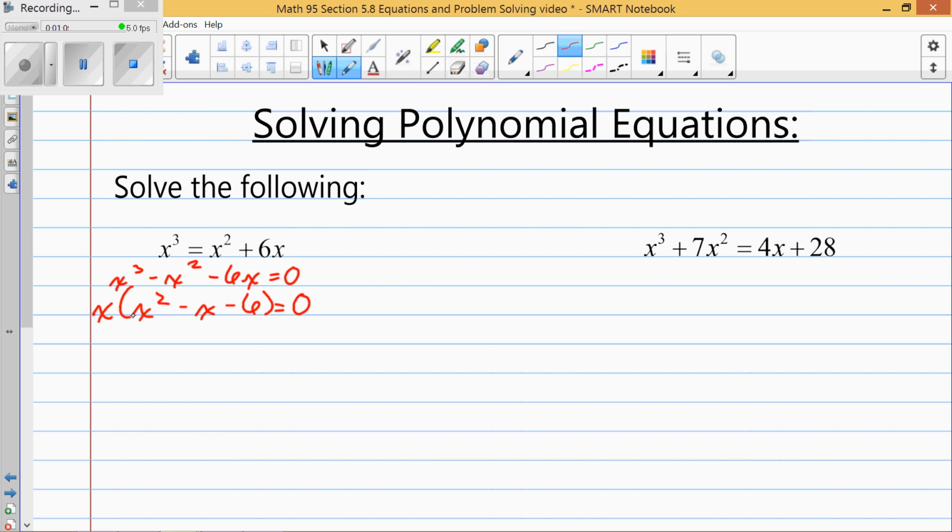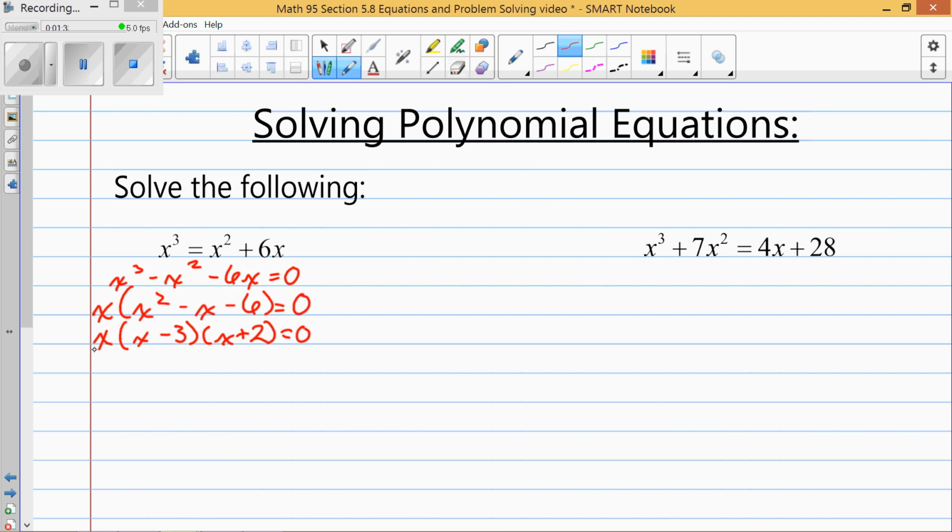And now I'm interested in factoring the trinomial inside the parentheses. The x will stay out front. I'm looking for factors of negative 6 that add to negative 1. And that should be a negative 3 and a positive 2. Since my leading coefficient was 1, I could take that shortcut.